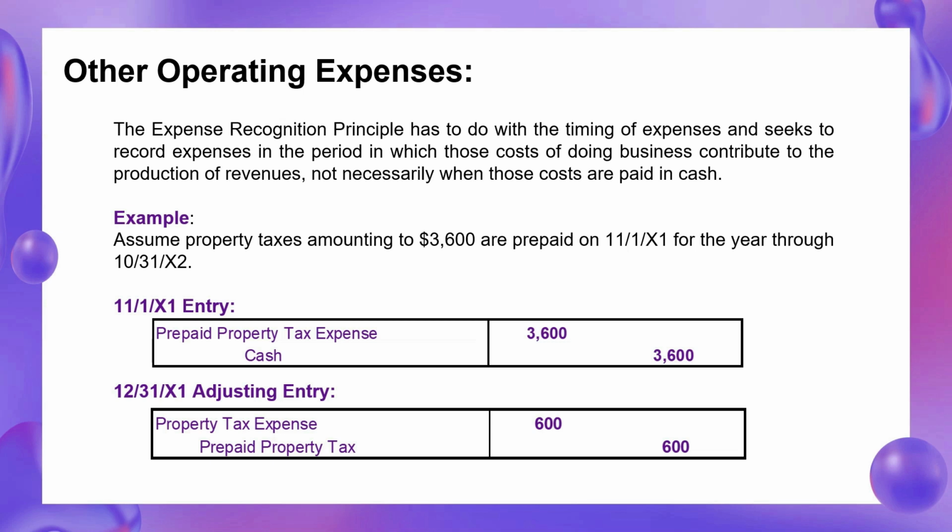In this case, the original transaction representing the prepayment of these property taxes, on November 1st, X1, would be to credit cash for $3,600 and debit not an expense, but prepaid property tax, which is not an expense at all.